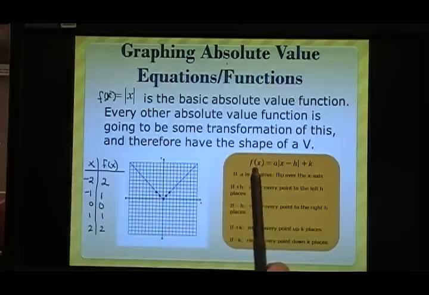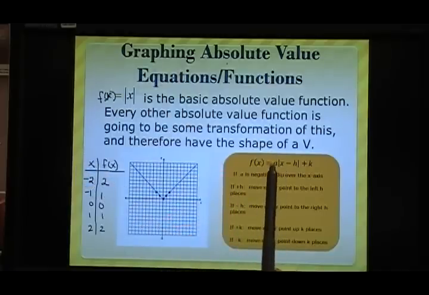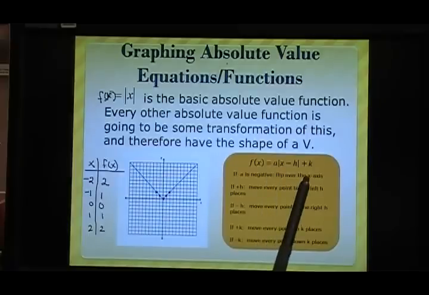And so if you're given an absolute value function in this form, it's going to follow the same basic processes as when we were graphing quadratic equations before. If this value of a is negative, you're going to flip it over the x-axis. If you've got minus a number inside with the x, you're going to move to the right that many places.